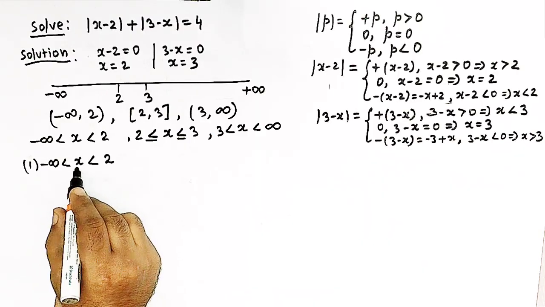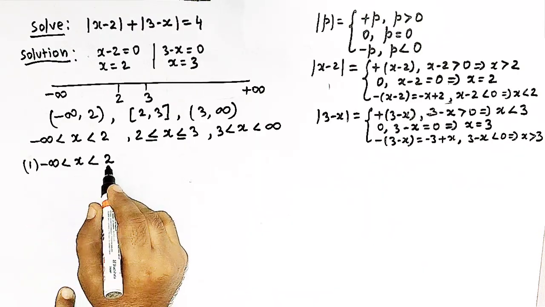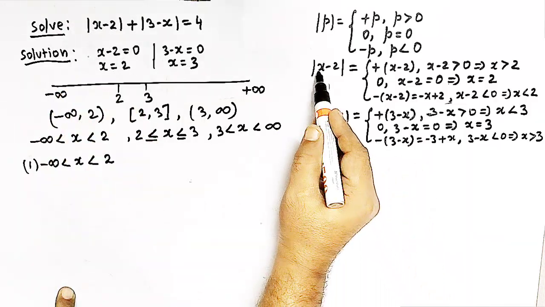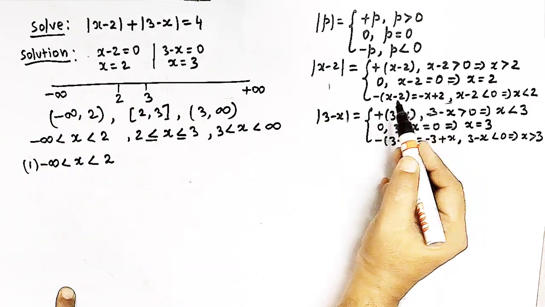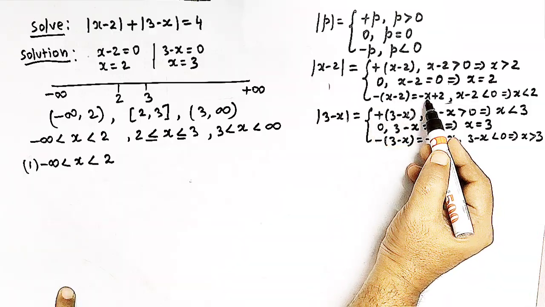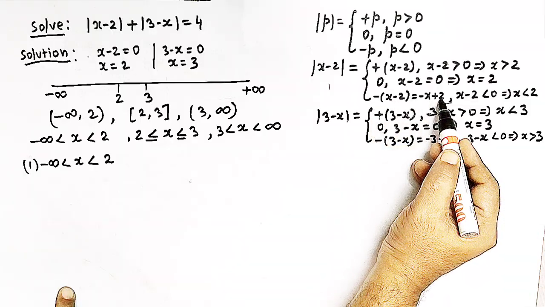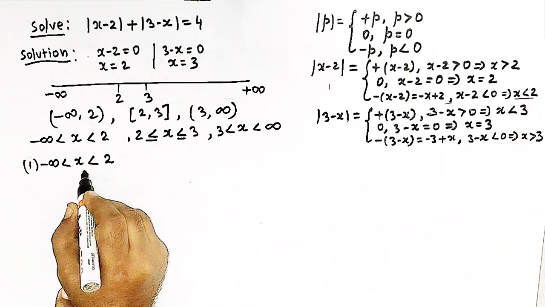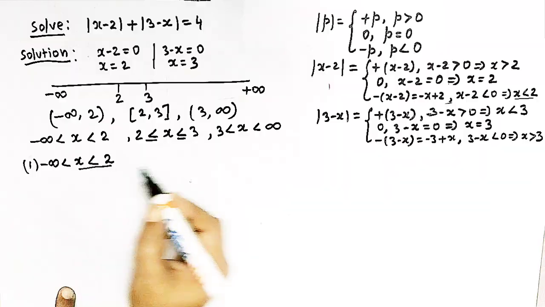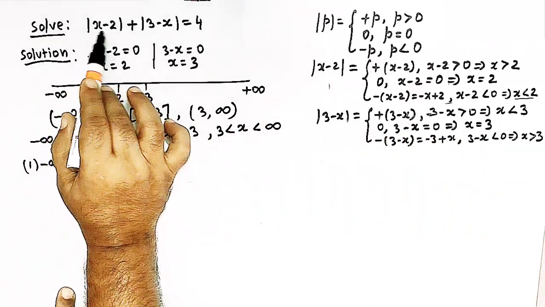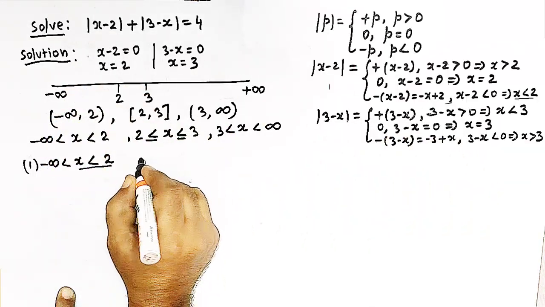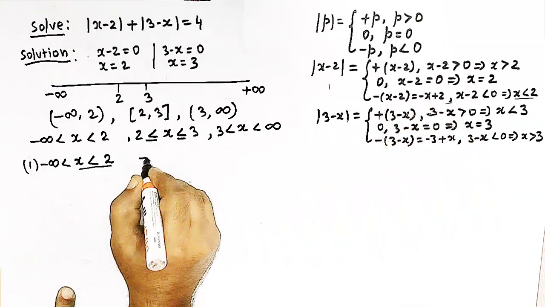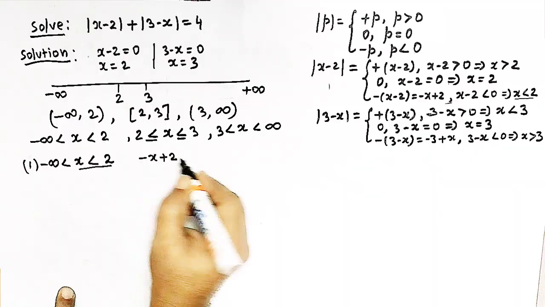So now when we take x greater than minus infinity but less than 2, then mod of x minus 2 is equal to negative of x minus 2, that is minus x plus 2, because here the condition is x less than 2. So we can now replace mod of x minus 2 by negative of x minus 2, that is minus x plus 2.